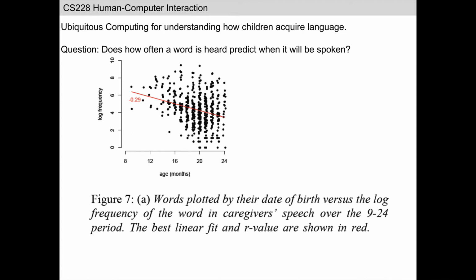So you'll notice that for these 2 points, those words were heard relatively frequently. For this word down here, whatever this word is, this word was only spoken for the first time by the child at month 24, and that word had been heard 0 times. It either wasn't in the audio transcript, or the grad students didn't manage to capture it even once in the raw audio feed.